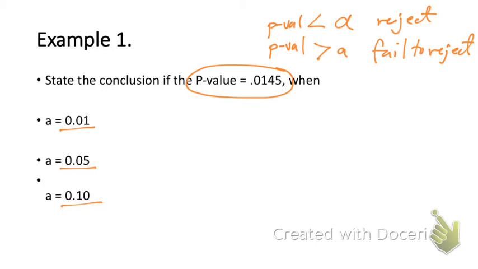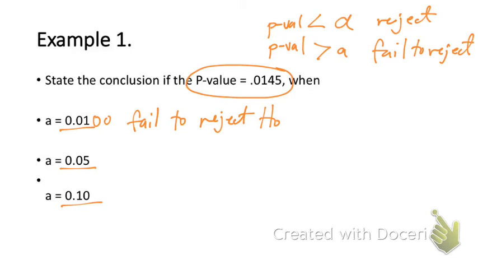So 0.0145, is that greater than 0.01 or less? 0.0145 is greater than 0.0100. So I'd fail to reject.